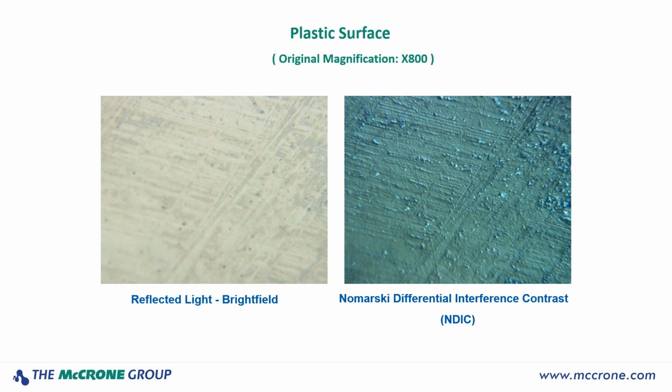In the left-hand image, we have standard reflected light in bright field mode, and we can see that there are some features on the plastic, but with the NDIC capabilities, we see much more detailed surface features that stand out quite easily compared to just regular reflected light. Again, this produces a view in the microscope where one can start picking off or cutting out some of these materials for analyses.